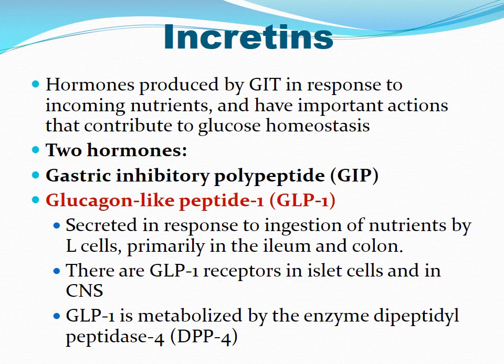It has receptors in islet cells and in the central nervous system, so it exerts its action through acting on specific receptors in the pancreas and in the central nervous system. The disadvantage of glucagon-like peptide 1 is that it's rapidly metabolized by the enzyme dipeptidyl peptidase 4.